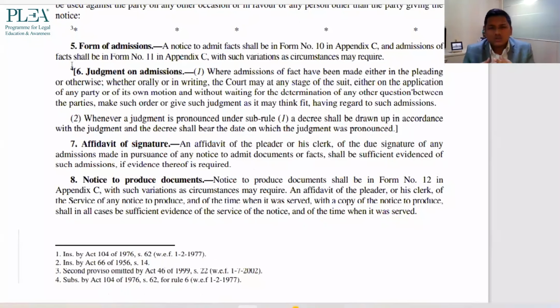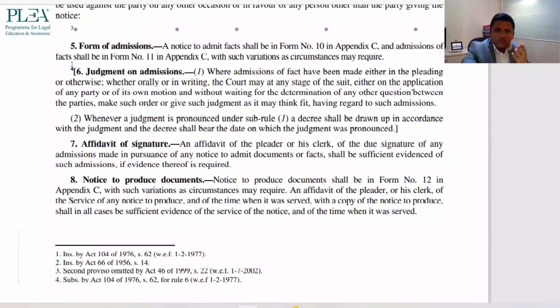So if the court believes that on the basis of a particular admission, the suit can be fairly decreed, the suit can be disposed of, you need not go into the evidence stage, you need not frame the issue. The court will pass the judgment then and there on that particular issue and also the entire suit.